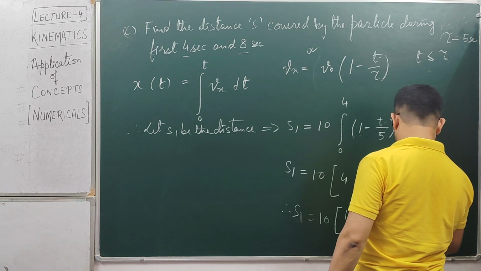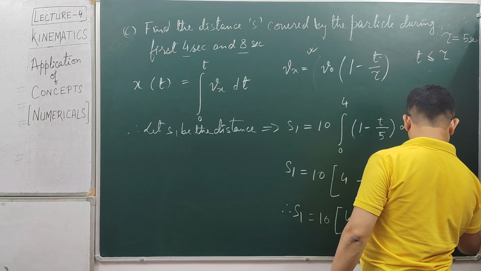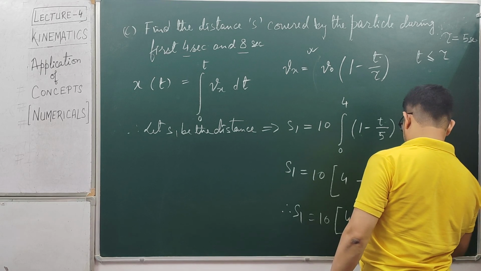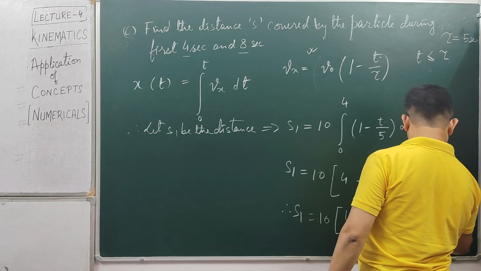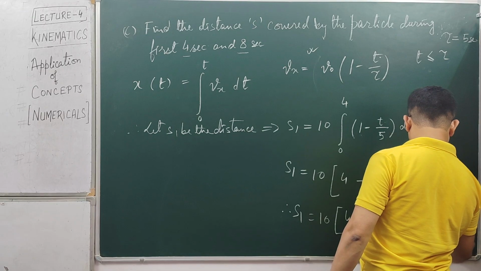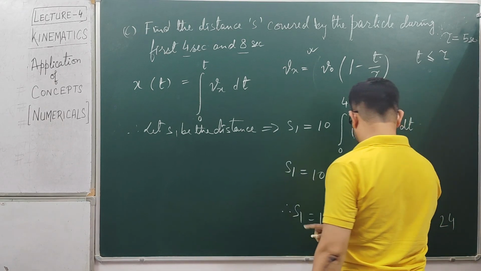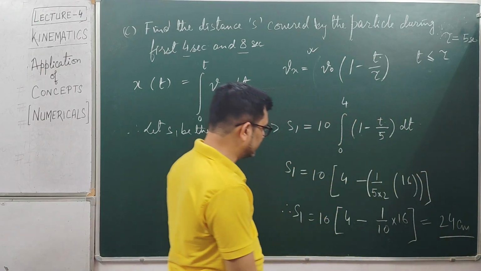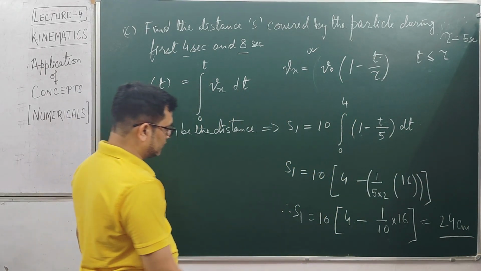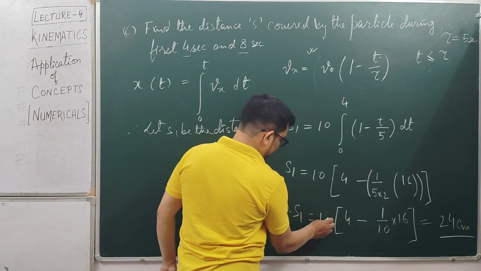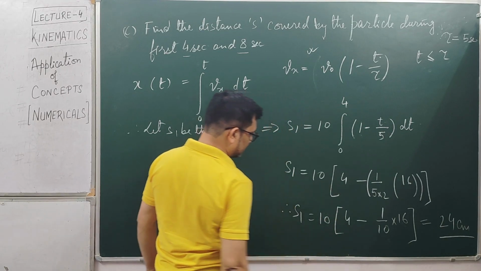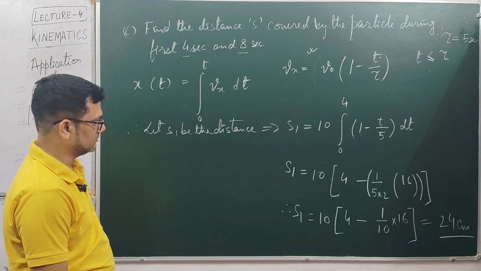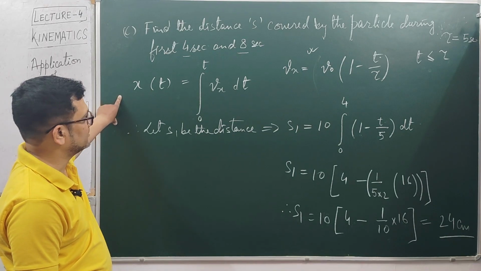So it is 40 minus 16, and here it becomes 3 minus 1, 2, which is 24, divided by 10 and multiplied by 10, so this would get cancelled, and we'll get 24 centimeter when you integrate with the limit 0 to 4 seconds. So this is what we got as an answer for the first part of this.